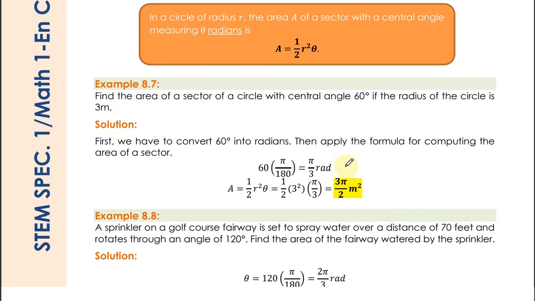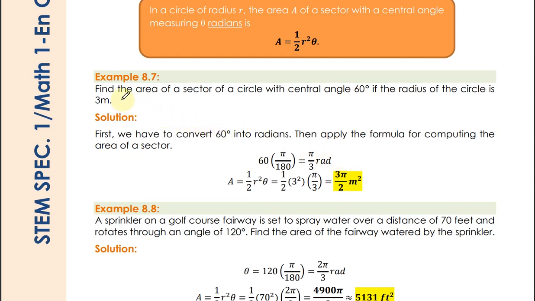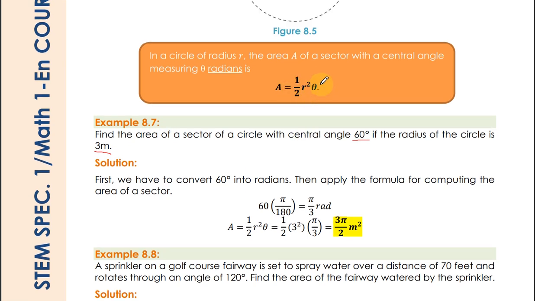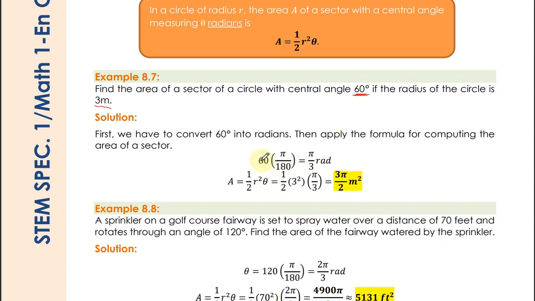So let's have an example. First example, find the area of a sector of a circle with central angle 60 degrees if the radius of the circle is 3 meters. So again, the angle here should be in radians, and since the given angle is in degrees, we have to convert it first into radians. So 60 degrees times pi over 180 is equal to pi over 3 radians.